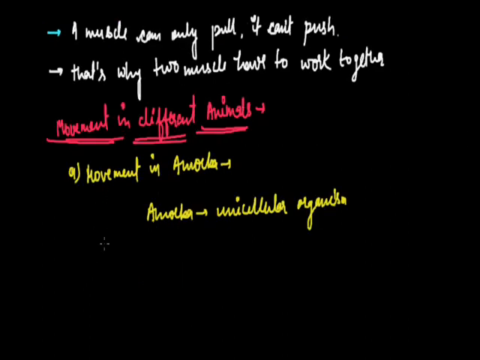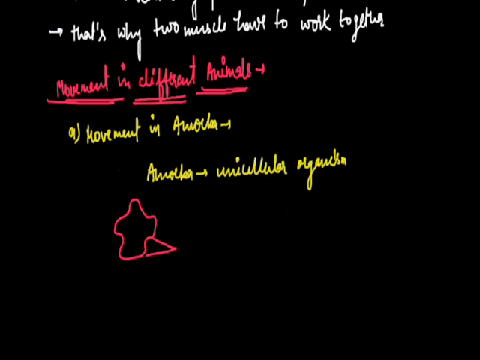And in amoeba movement we will study by a diagram. Amoeba, the unicellular organism, belongs to phylum Protozoa and it has an irregular shape which changes from time to time, and there are pseudopodia of amoeba which help in movement.